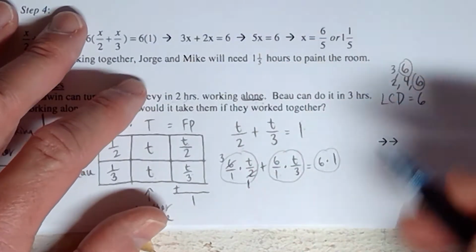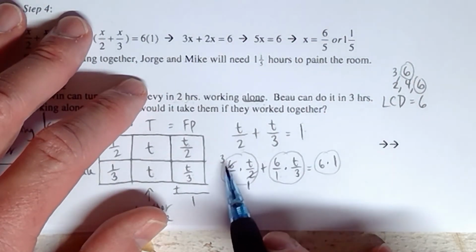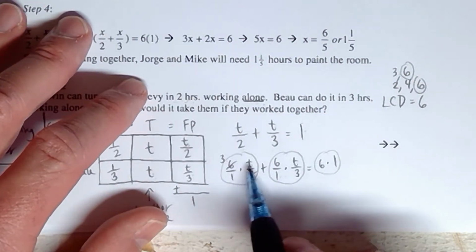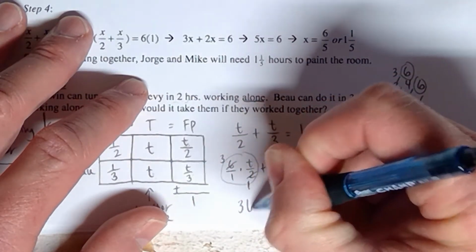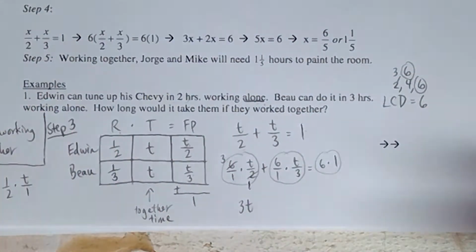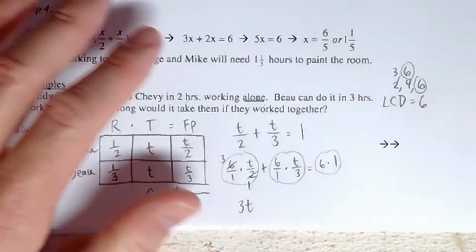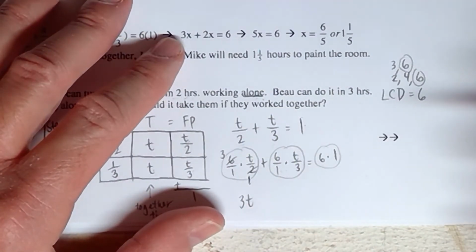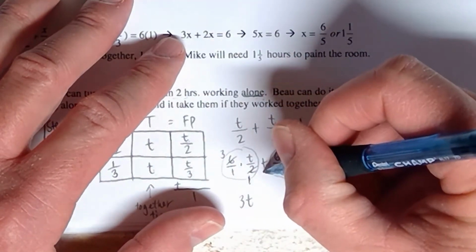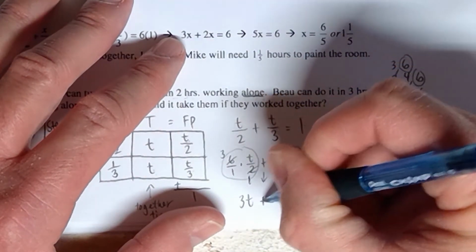This should get rid of the fractions. 6 and 2 reduce down to 3 and 1, so we get 3 times t is equal to 3t. 1 times 1 on the bottom means the fraction is gone, and you don't need to write the fraction when the bottom is 1. Bring down that plus.